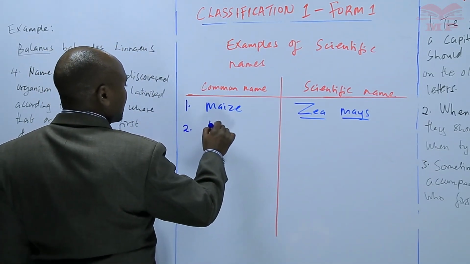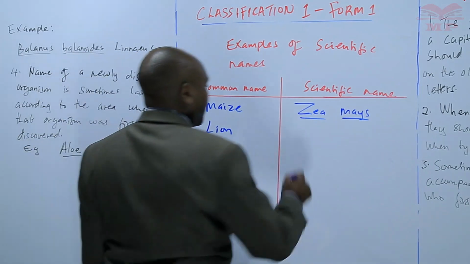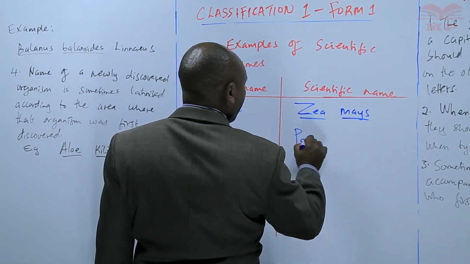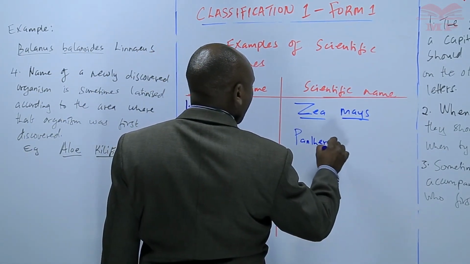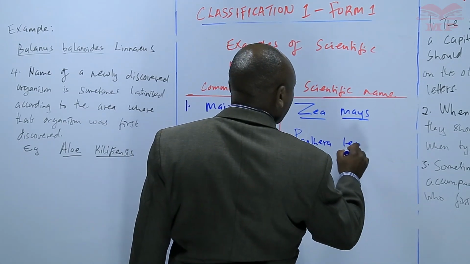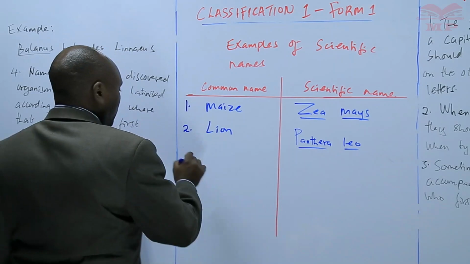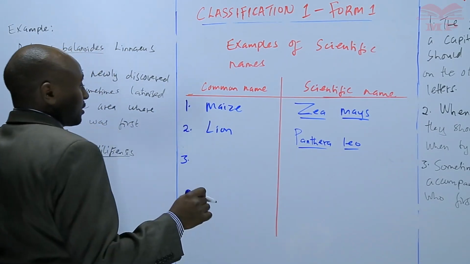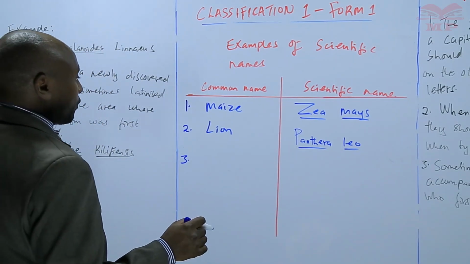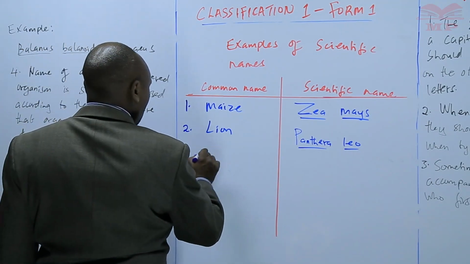We have the scientific name for a lion, Panthera leo. We can have another example, tomato.